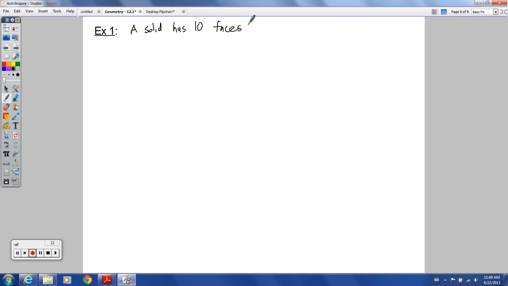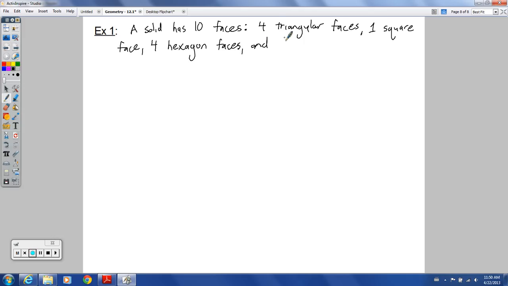We don't know what this solid looks like yet, but we do know that it has 4 triangular faces, 1 square face, 4 hexagonal faces, and 1 octagonal face.